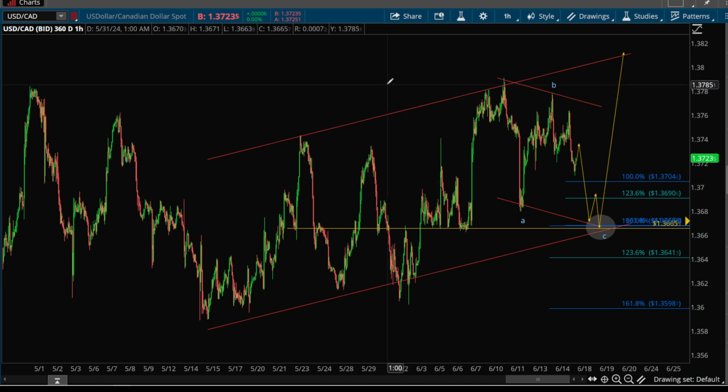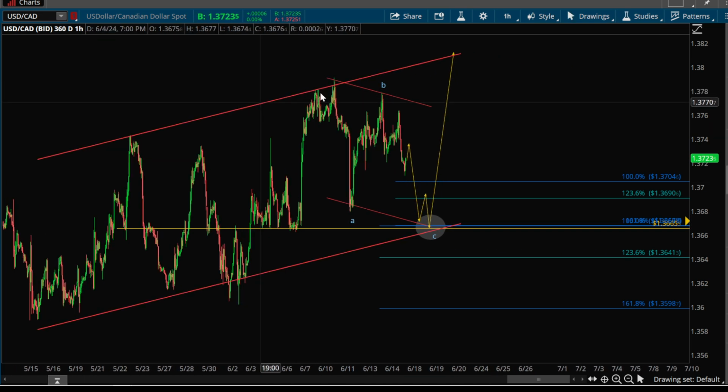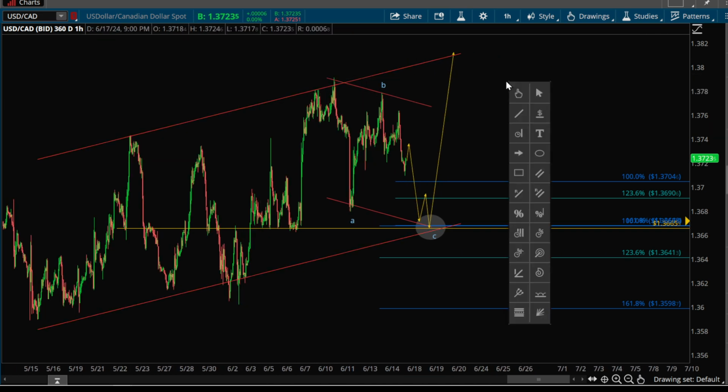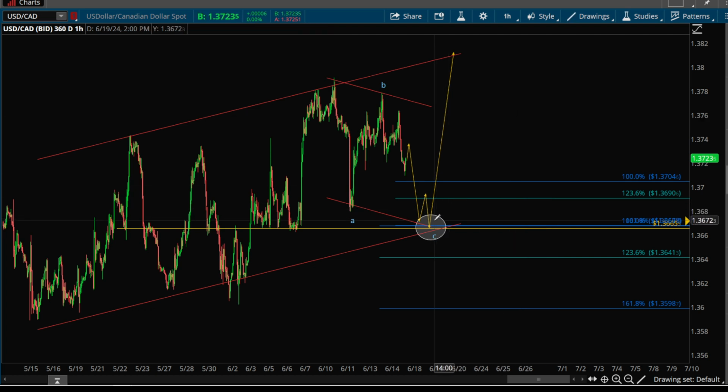What would concern us is if we started consolidating around here. If we started coming through this structure and then consolidating down here at the bottom of the channel, it would throw you something like this. We wouldn't want to see this because it doesn't do this. You have no reason to consolidate down here. Every time it comes to the bottom of the channel, you push away extremely fast.